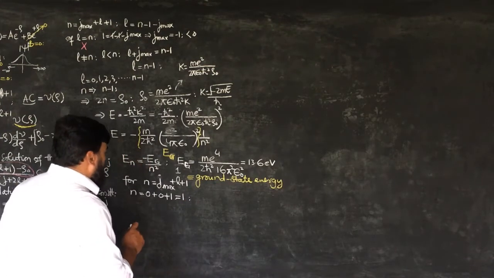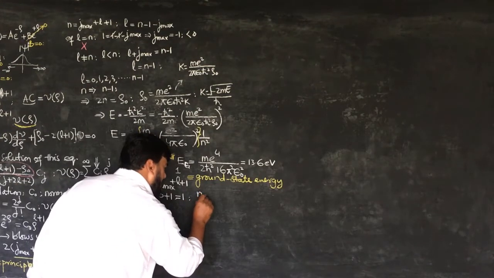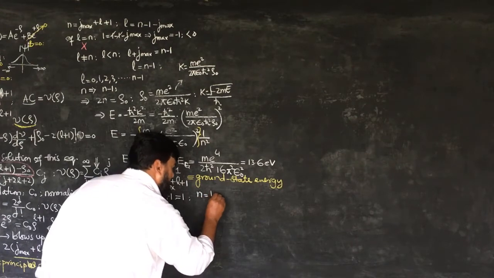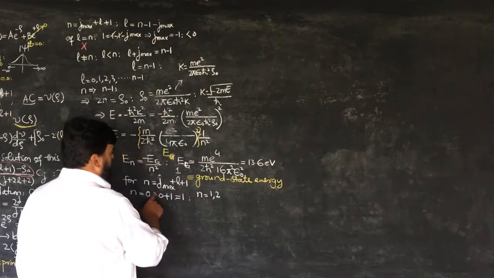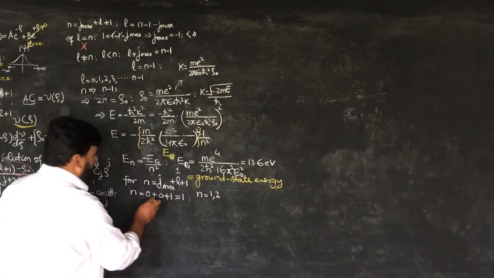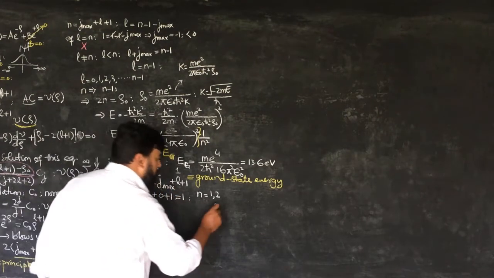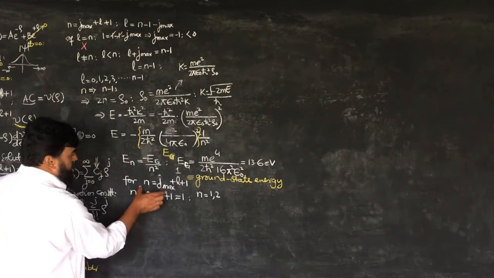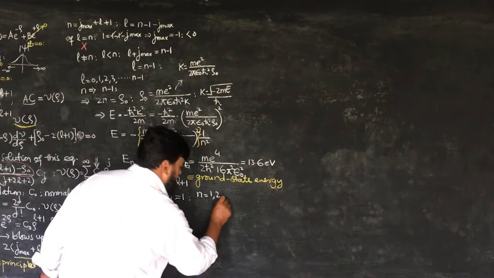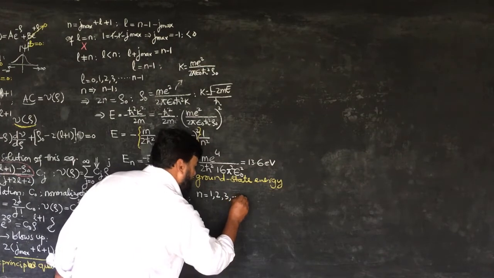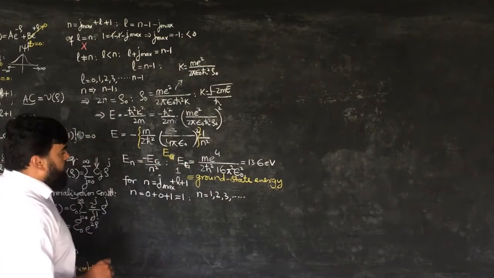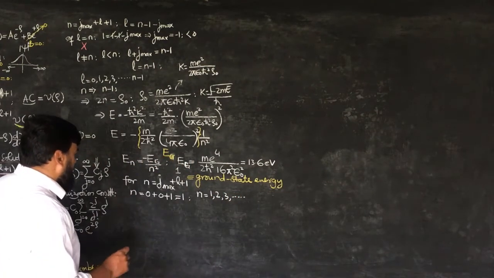So whatever the values of n are, they are positive integers, excluding 0. 0 is not possible, as we checked here, but our main condition is on this one. So this tells us that n should be 1, 2, 3 and so on.